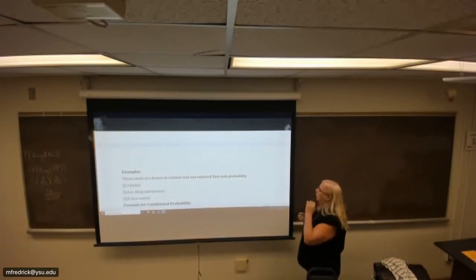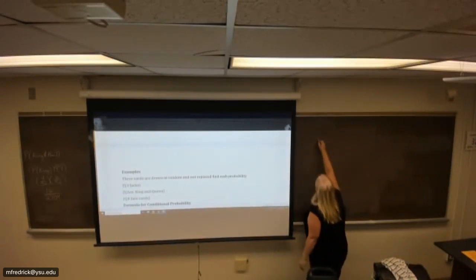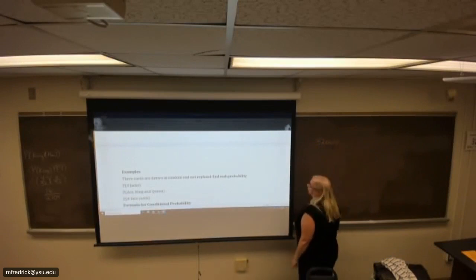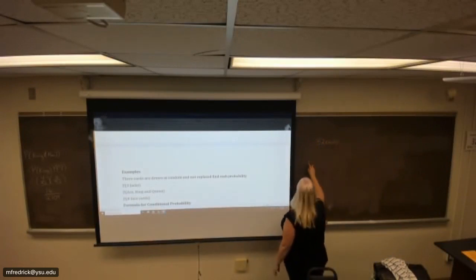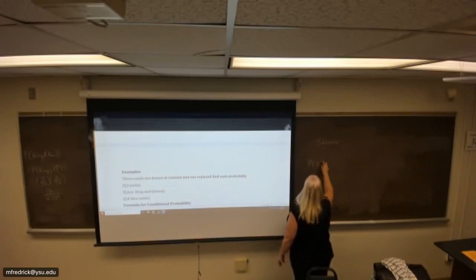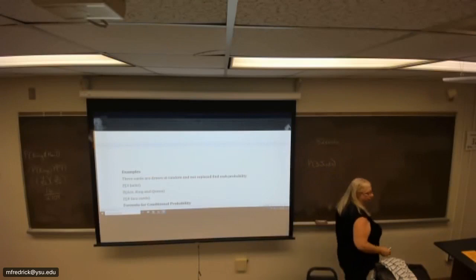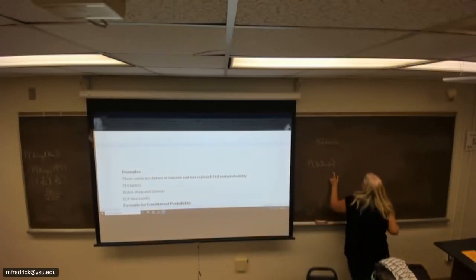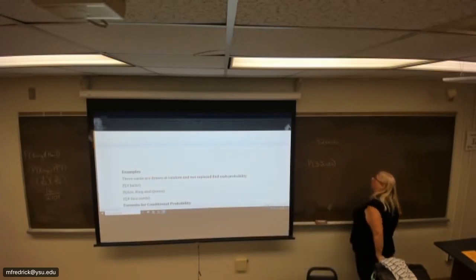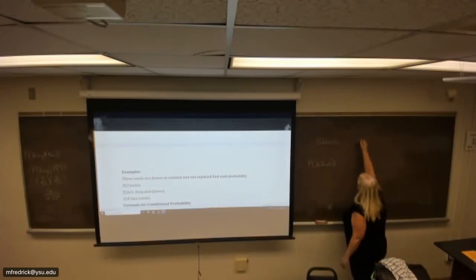Three cards are drawn from a deck of 52. The probability all three are jacks. How many jacks are there in a deck of cards? Anyone? 4?